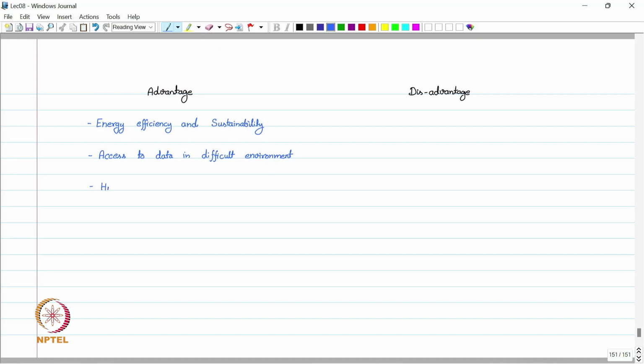High performance. Next advantage is the built-in analytics and processing.